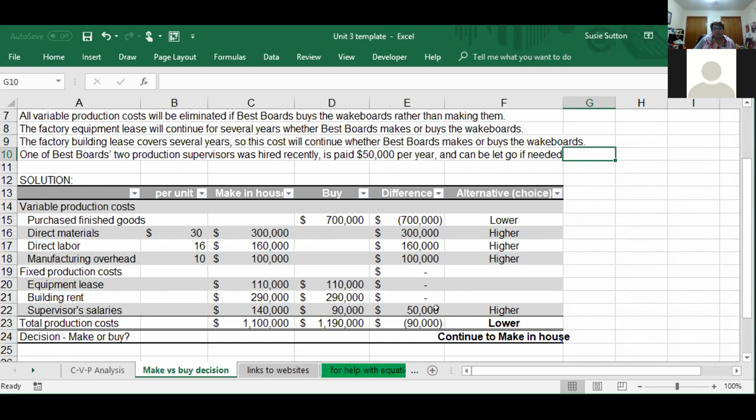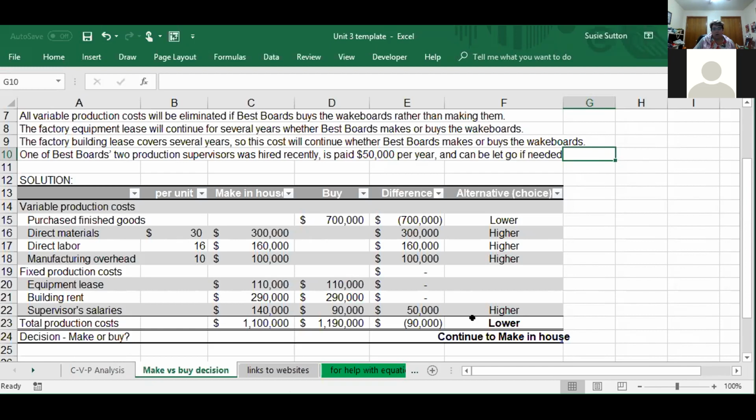So the difference is $50,000. So to make in-house, it's actually higher. So if we look at the difference, total production cost to make them in-house is $1.1 million. To buy them is $1.19 million. So the difference is $90,000.